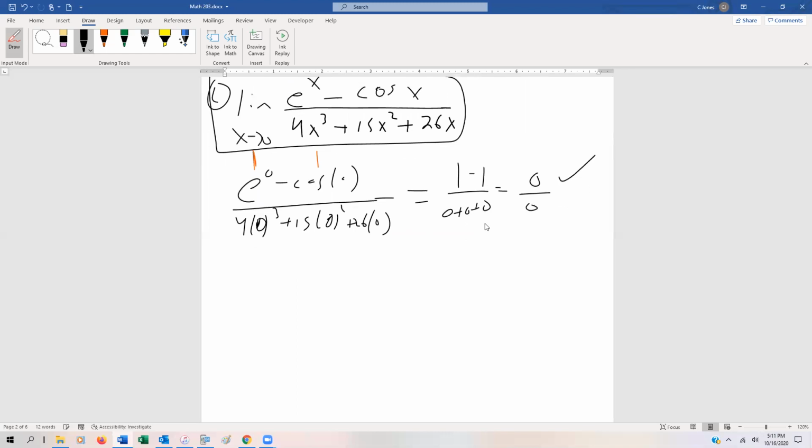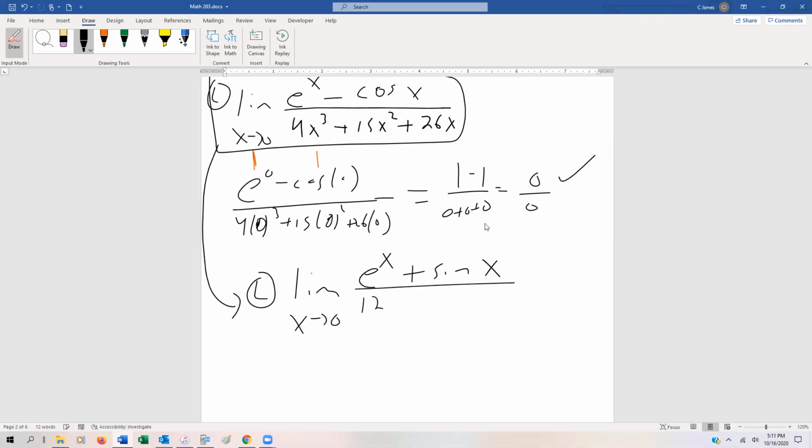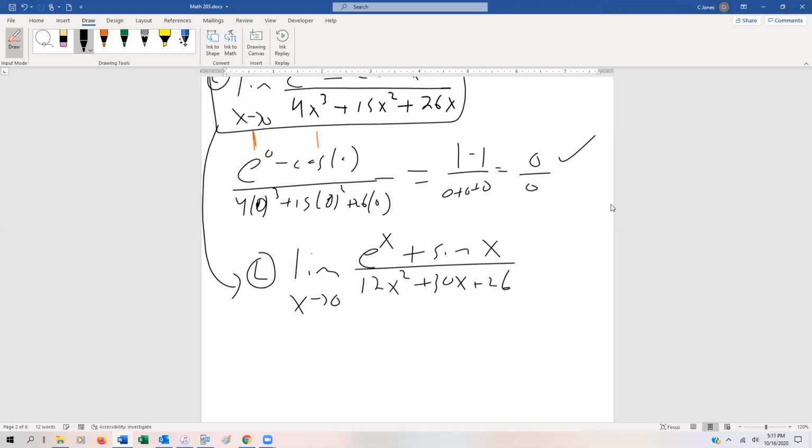So one last time, L'Hopital's rule, the limit as x approaches 0, derivative of e to the x is e to the x, derivative of negative cosine is going to become positive sine. In the denominator, 12x squared plus 30x plus 26. Mercifully, we substitute 0 back in, and now we don't get 0 over 0.